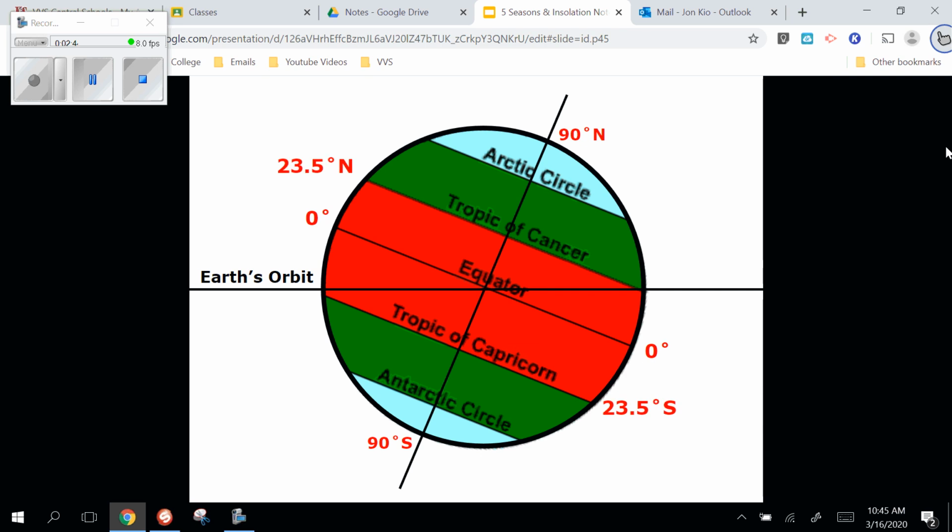And then we have a couple more key lines, key latitude lines, key parallels. 23.5 north is the Tropic of Cancer, 23.5 south is the Tropic of Capricorn, and 66.5 north is the Arctic Circle, and 66.5 south is the Antarctic Circle. Those are kind of our reference points. They come from that tilt, right? 0 to 23.5 is 23.5 away. 90 to 66.5 is 23.5 away. So that's where those numbers come from.